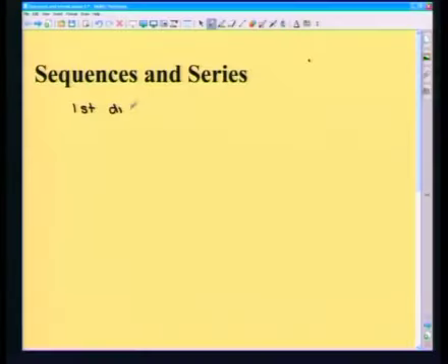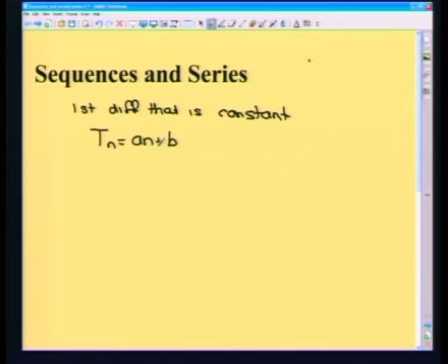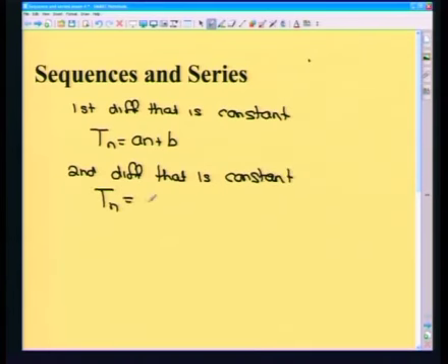In grade 11, we have learnt that we have a first difference that's constant, and we used to work out the formula using Tn as An plus B. And we have what we call a second difference that is constant, and we would work out the formula to generate the terms as Tn is An squared plus Bn plus C.